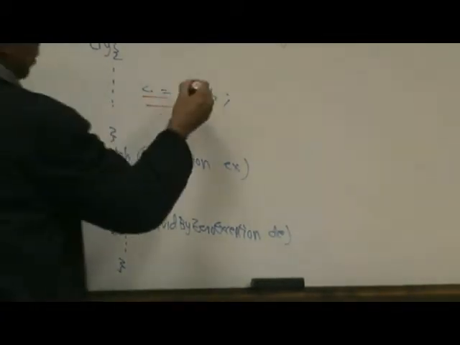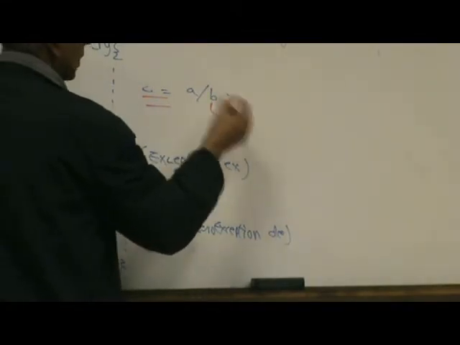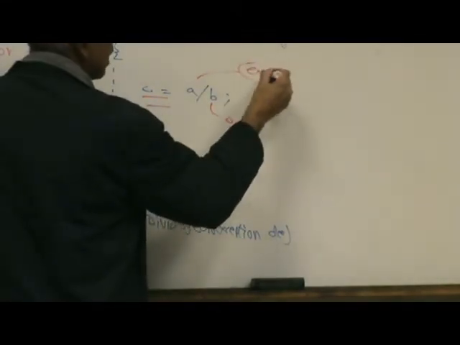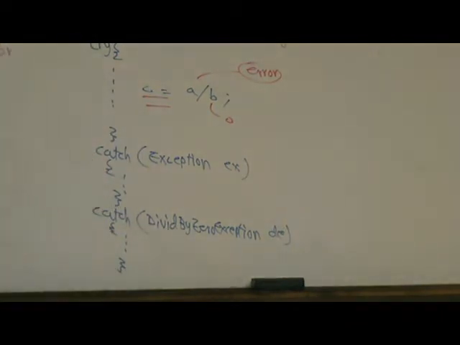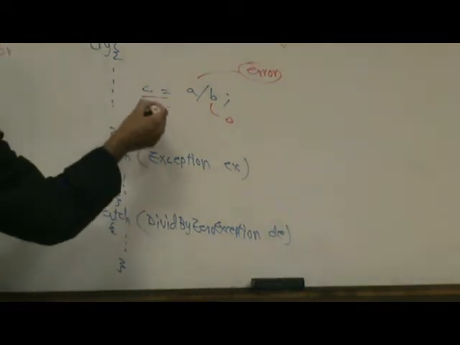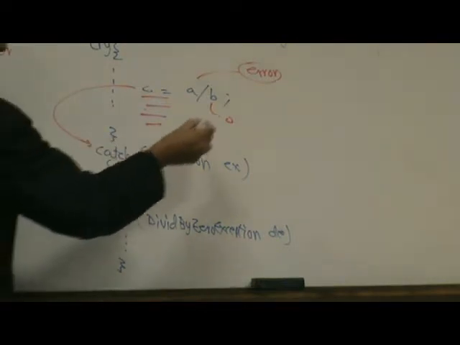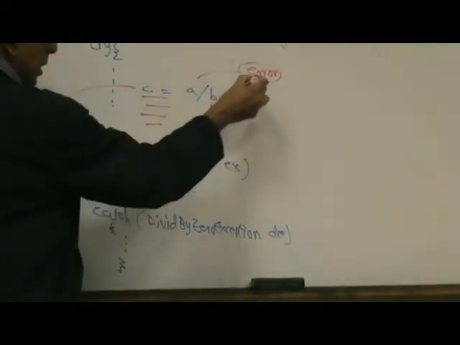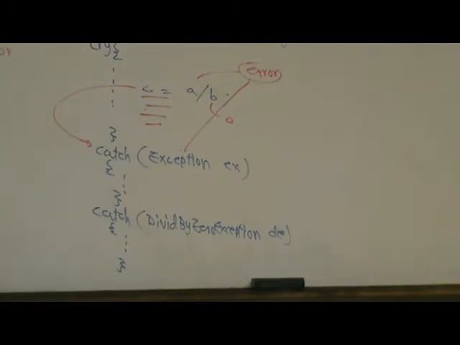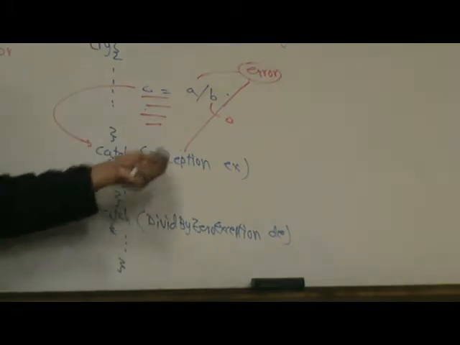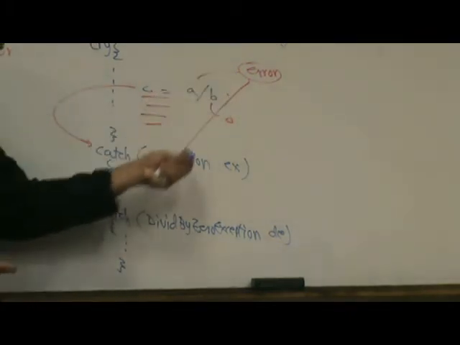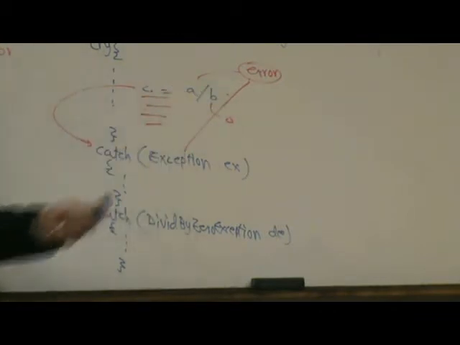As I mentioned, if B is 0, the computer will create an error object and immediately get out, will not execute the next lines, and will see which catch matches this exception. So will the first catch match the type of error that we created?